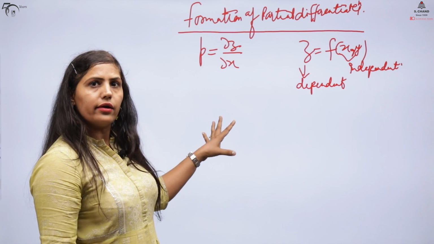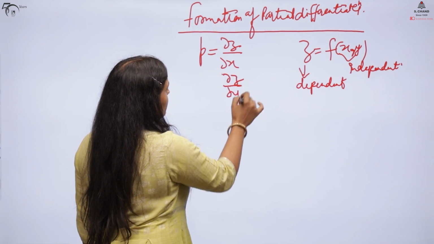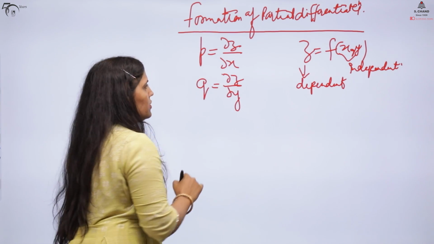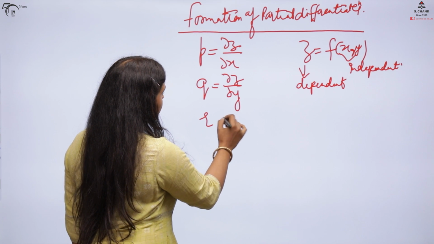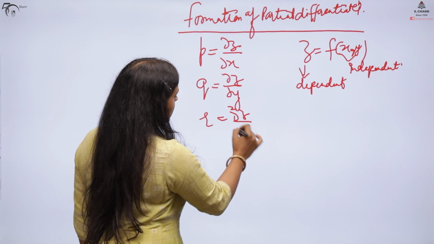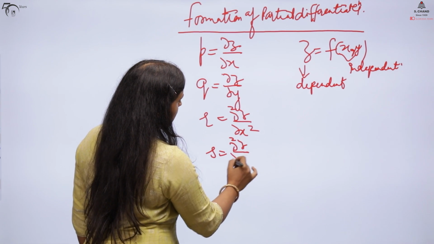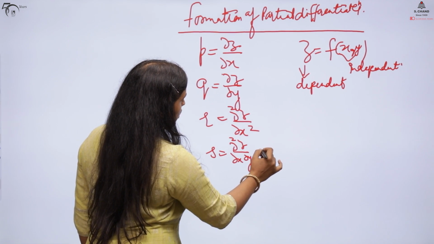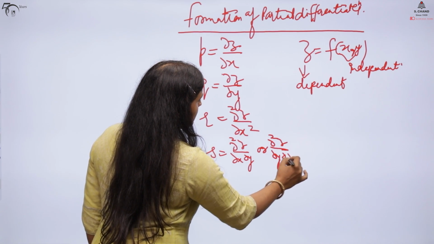These are standard notations for partial differential equation. Then the partial derivative with respect to y I will give a notation q. Then for r it is del square z upon del x square. For s it is del square z upon del x del y or del square z upon del y del x.